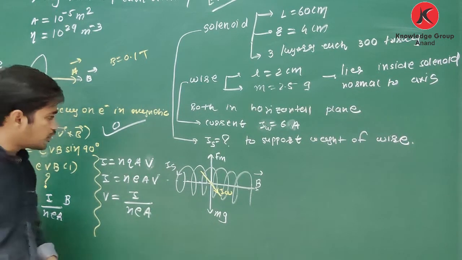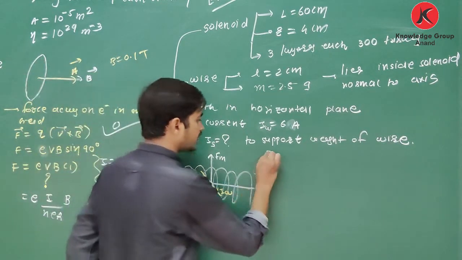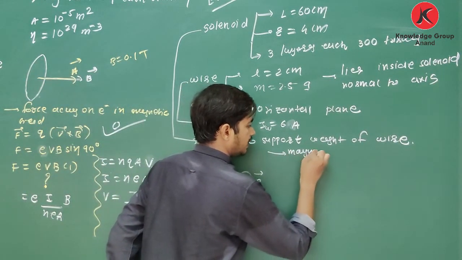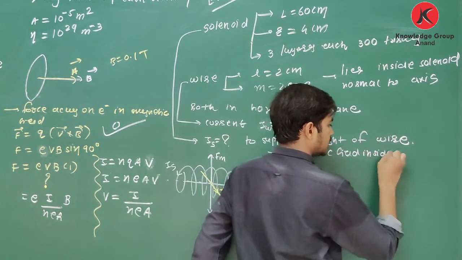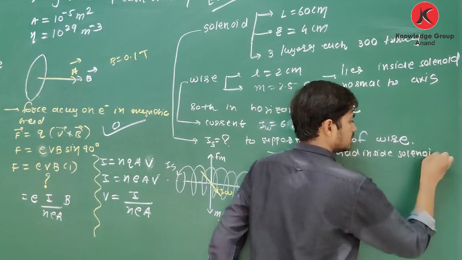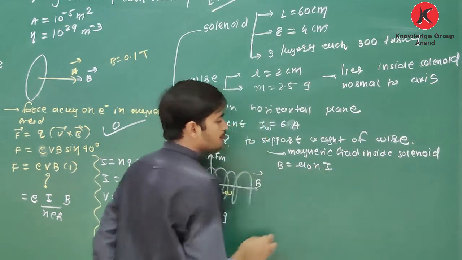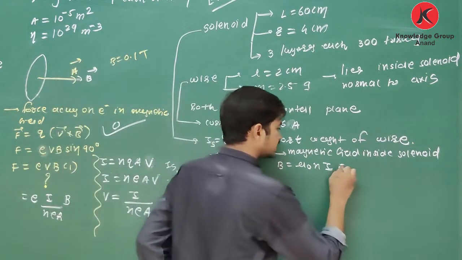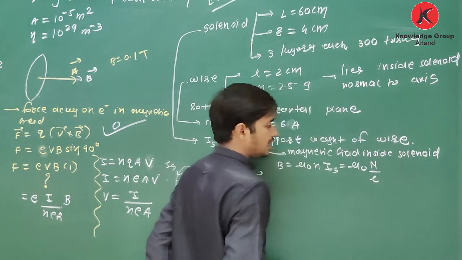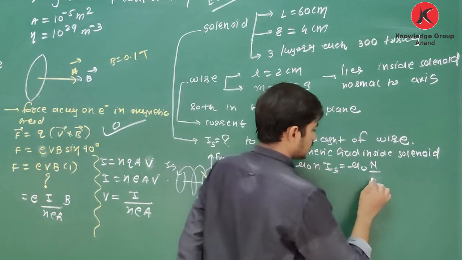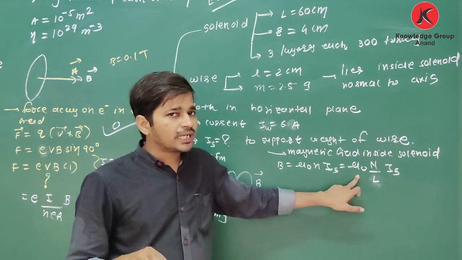First of all, the current flowing through the solenoid is I_S. So the magnetic field inside the solenoid, B, is equal to, we know the equation, mu 0 n i, or I can say mu 0 N upon L times I. Clear about this? Mu 0 is 4 pi into 10 raised to minus 7, you know.